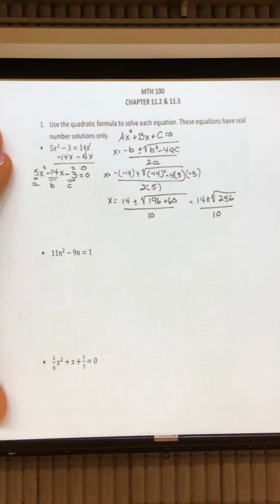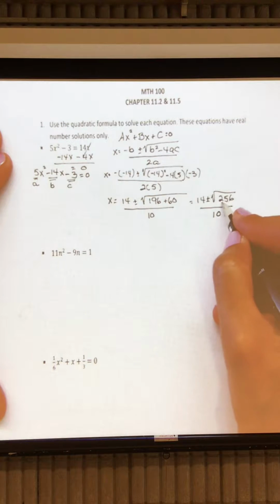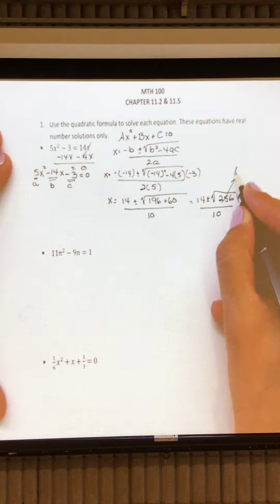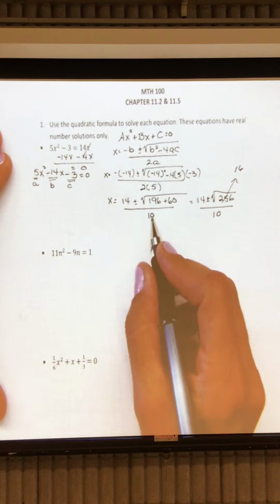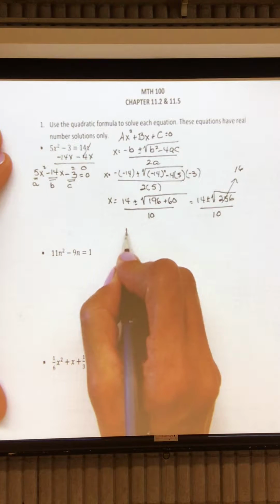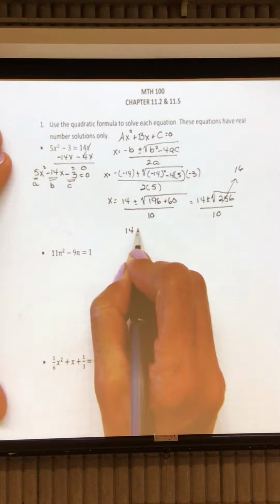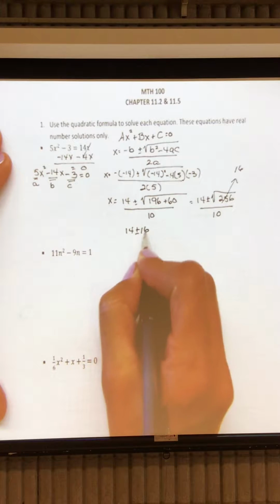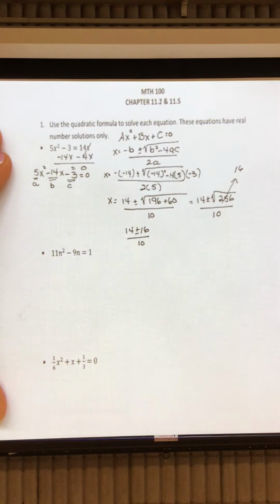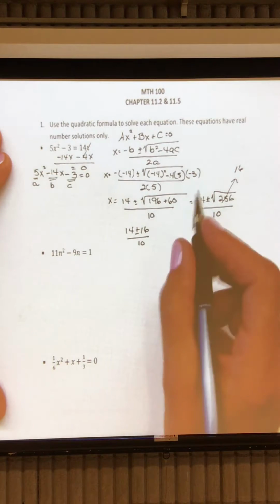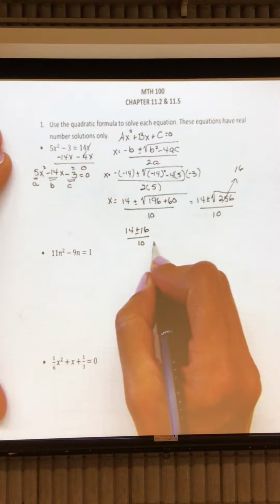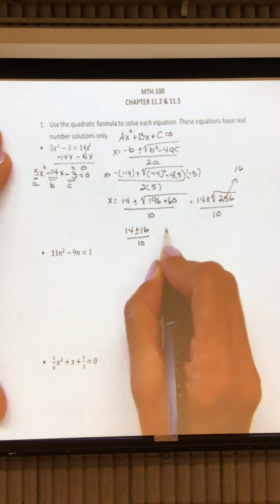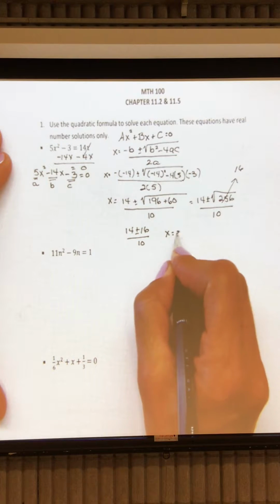Square root of 256 is 16. Therefore, we have 14 plus or minus 16 over 10. So we have 14 plus 16 over 10, which is 30 over 10, which is equal to 3.